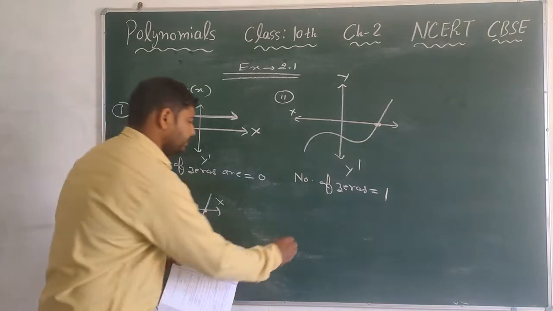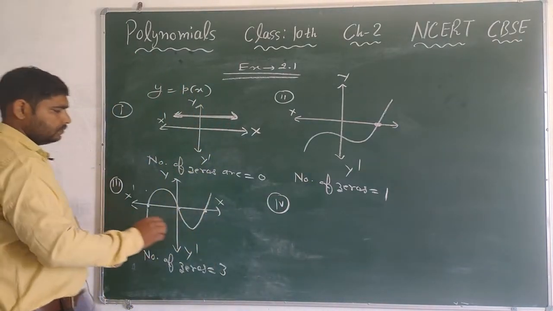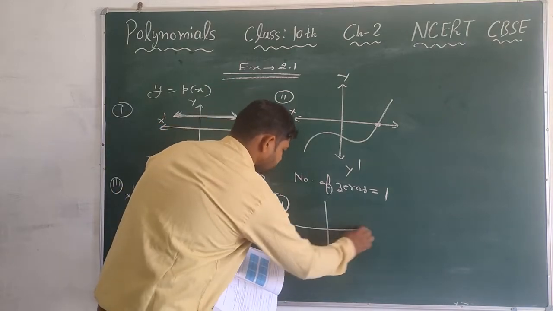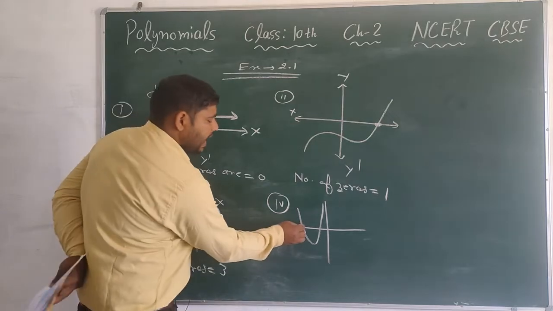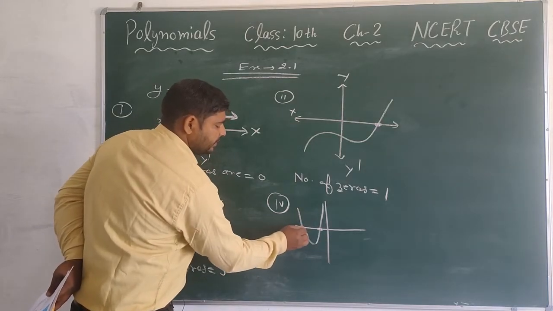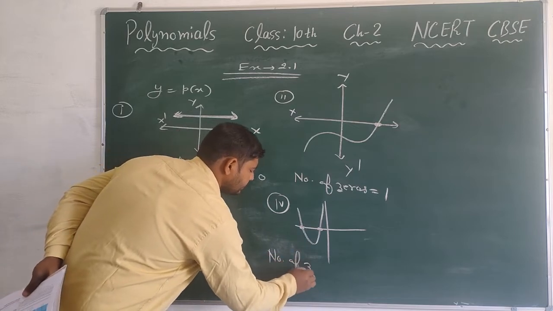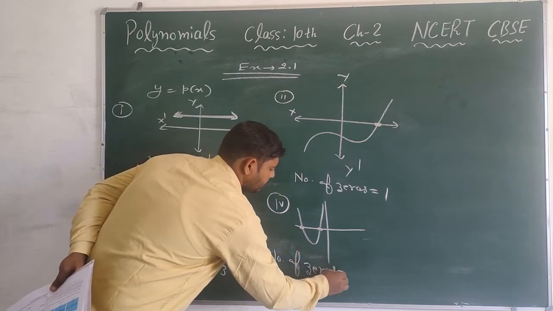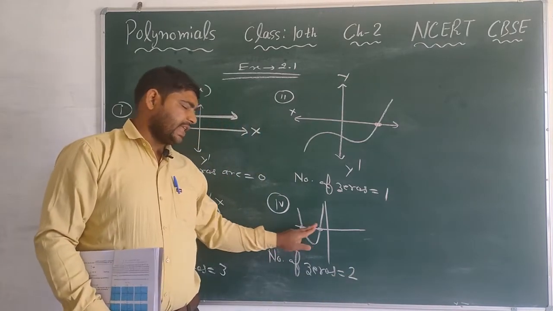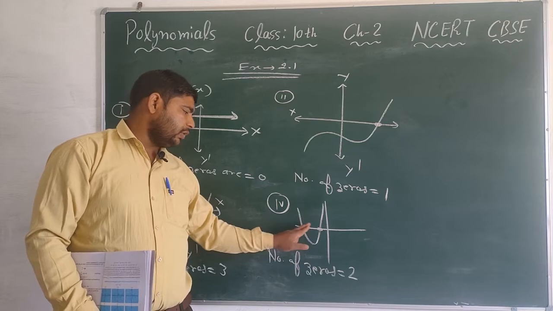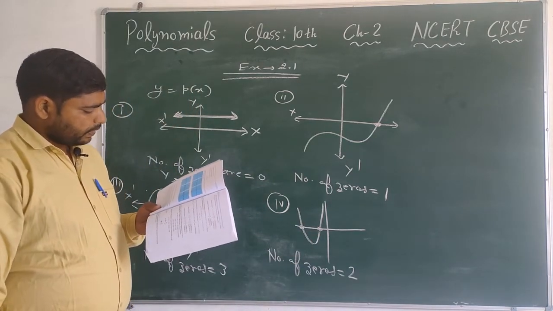In part fourth, there are 2 zeros, because the graph intersects the x-axis at 2 different points. So number of zeros equal to 2.